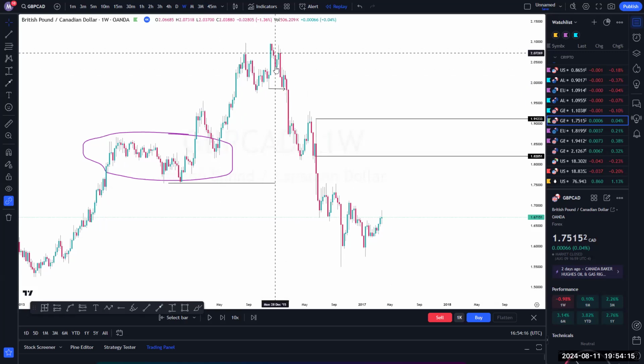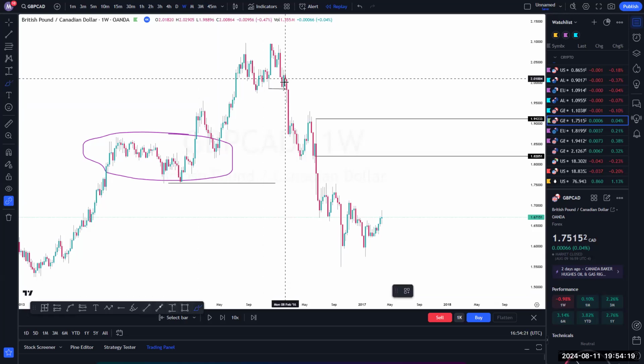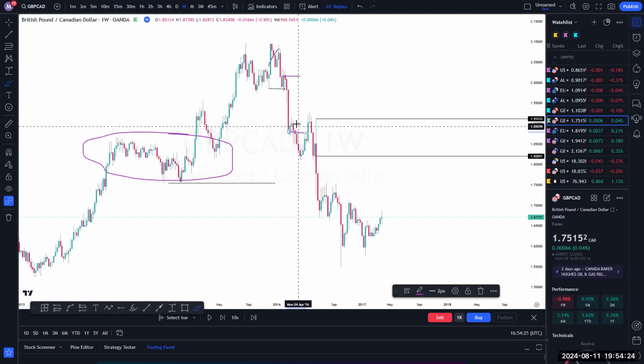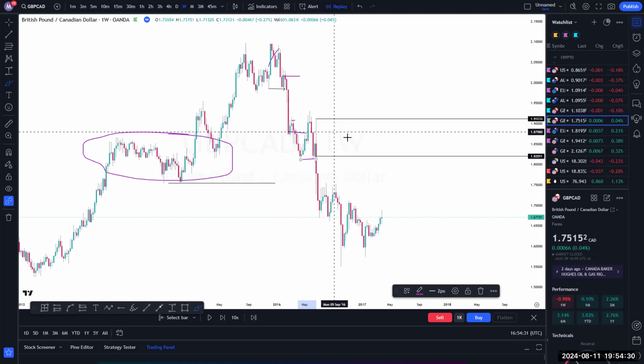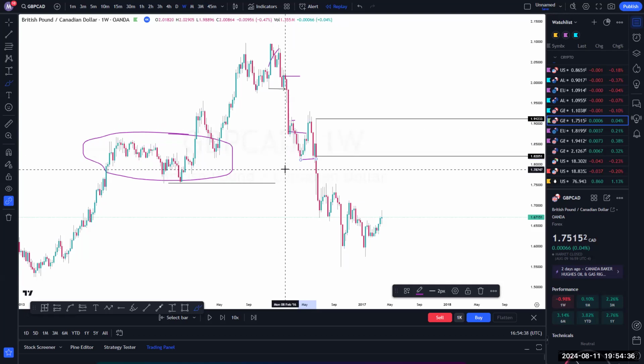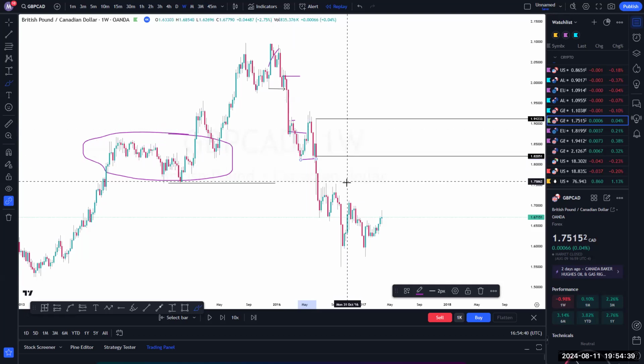It formed these formations, and this one was consumed. Later price came and closed below this, meaning now this is the available area of liquidity. So we do not have to look for any area of liquidity available inside this area of liquidity.